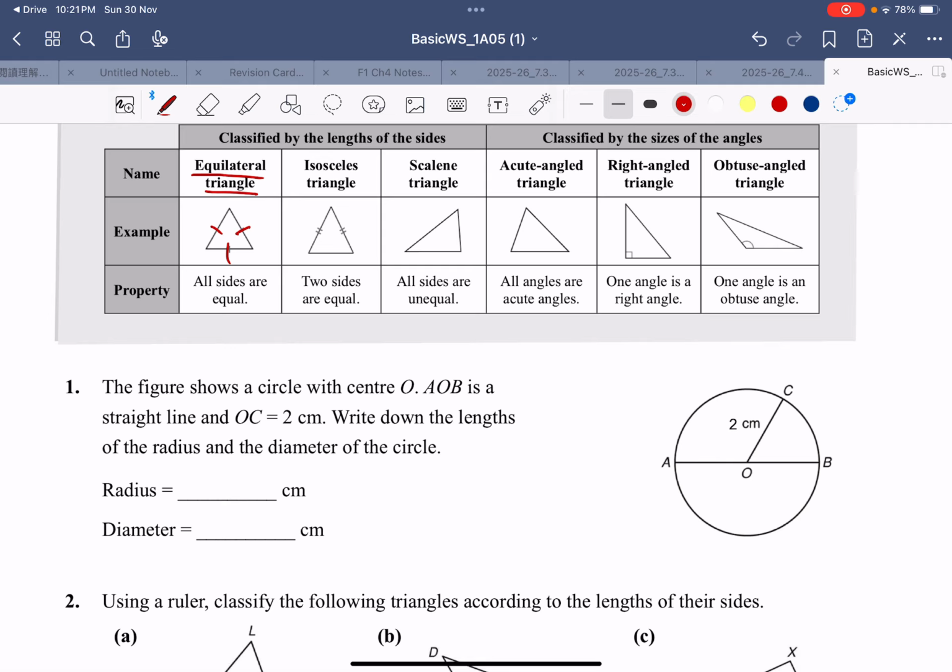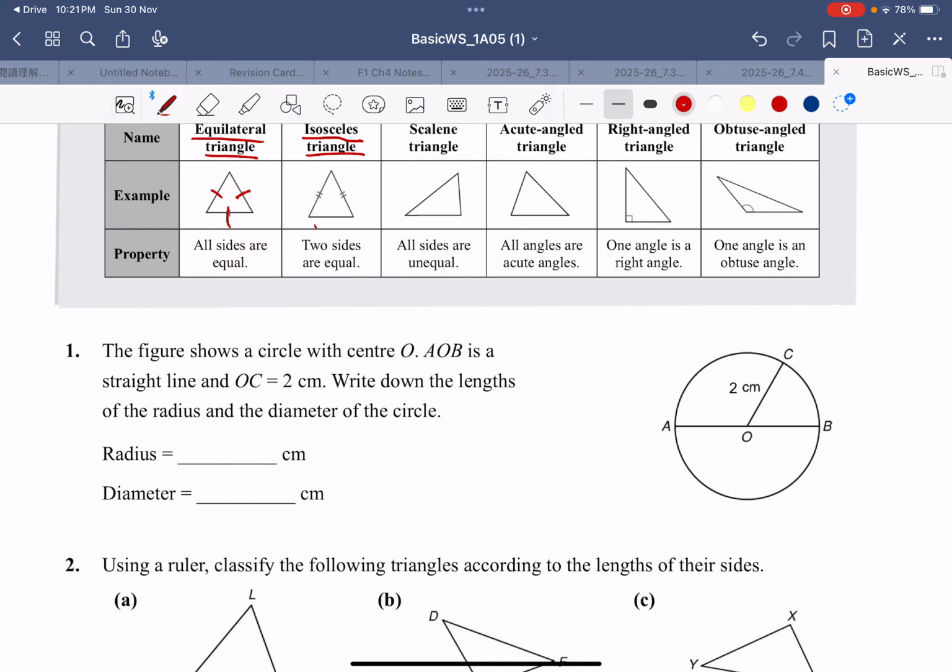And if only two sides are equal, we call it an isosceles triangle. Put two dots here to represent that these two side lengths are equal, but the base length can be different.